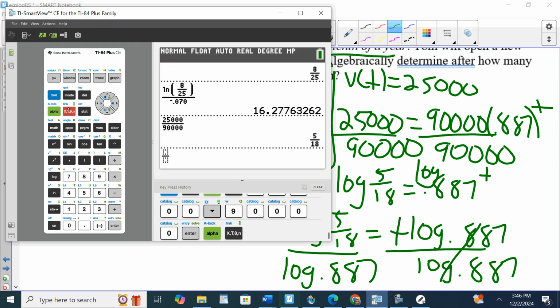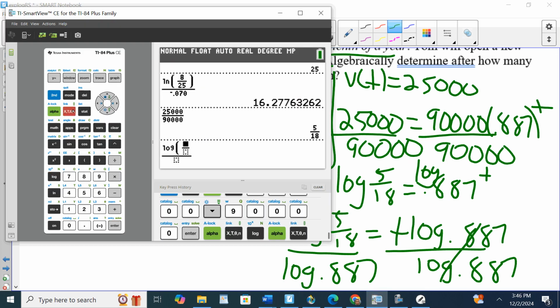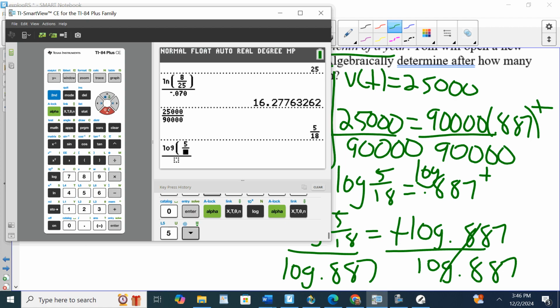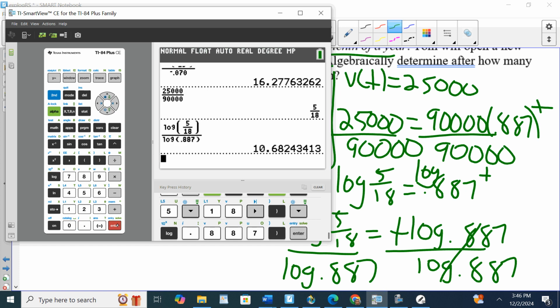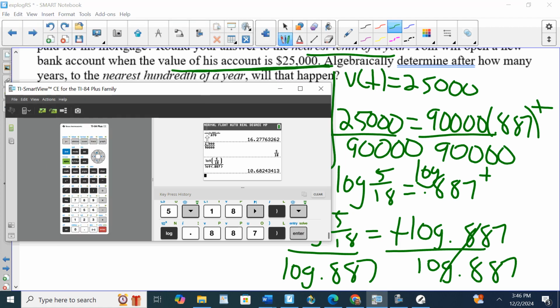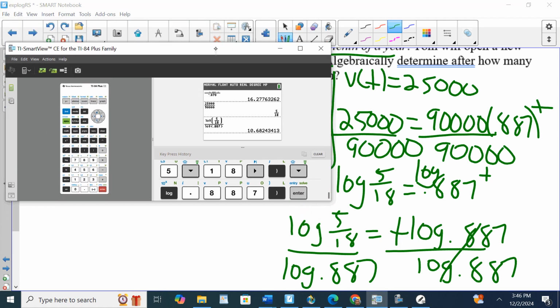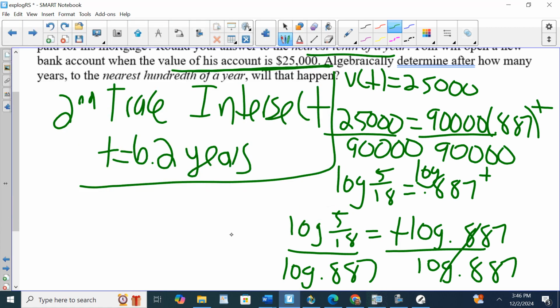Alpha x log alpha x 5 over 18 over log 0.887, to the nearest hundredth of a year. 10.68.